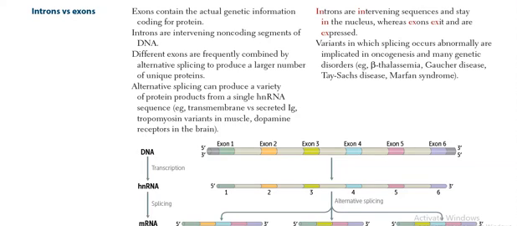Variants in which splicing occurs abnormally can lead to diseases such as beta thalassemia, Gaucher's disease, Tay-Sachs disease, Marfan's disease.